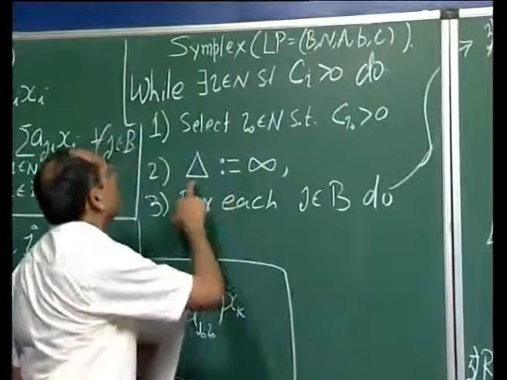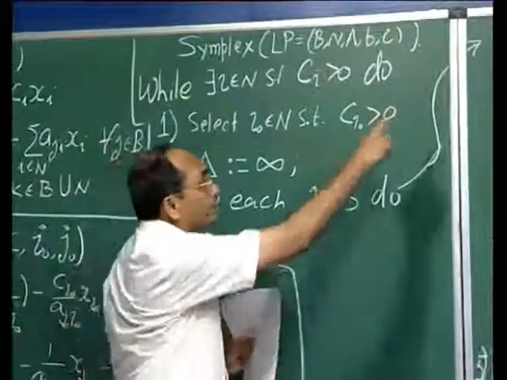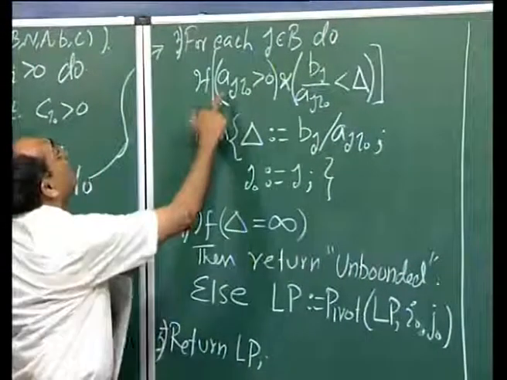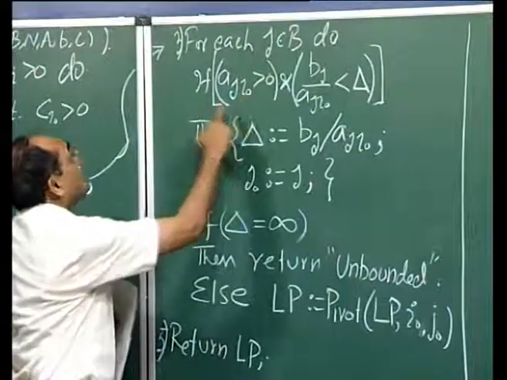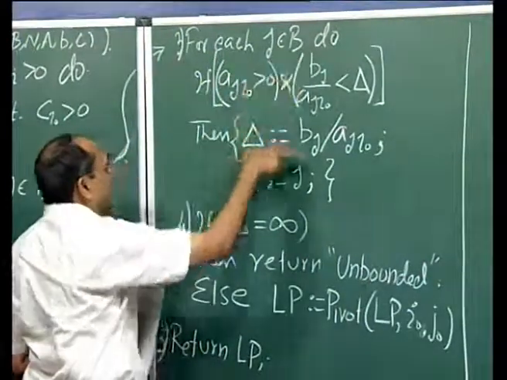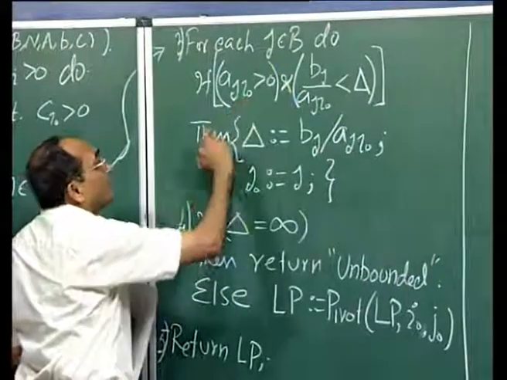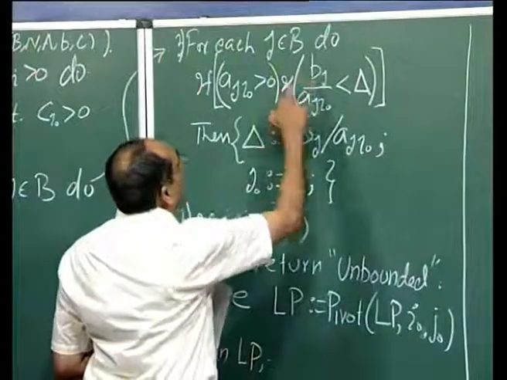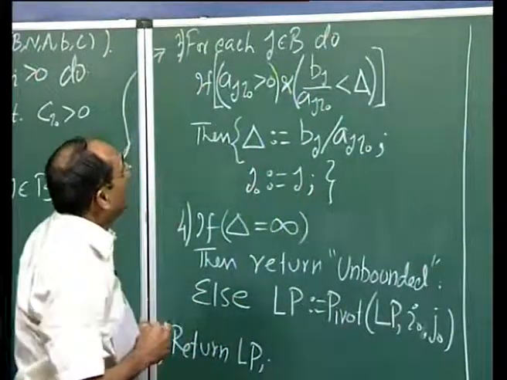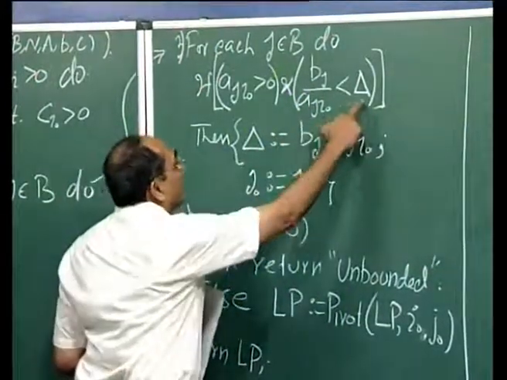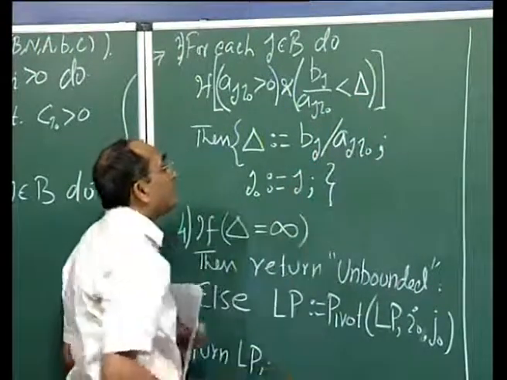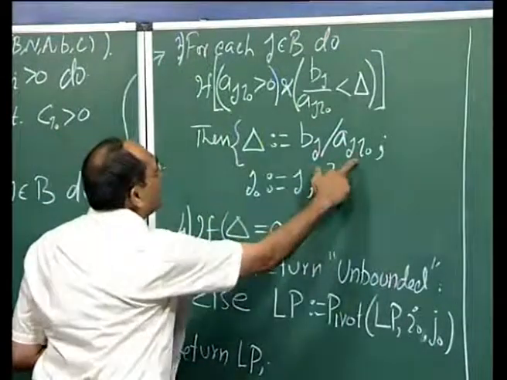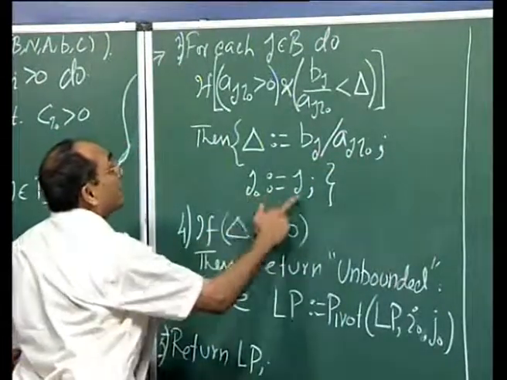We initialize a variable delta to infinity. Then the third step says the following: for every j we are checking this condition, if the coefficient aj I0 is positive and if bj by aj I0 is less than delta, then we set delta to that value and J0 to be j.